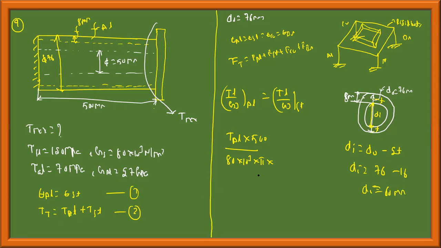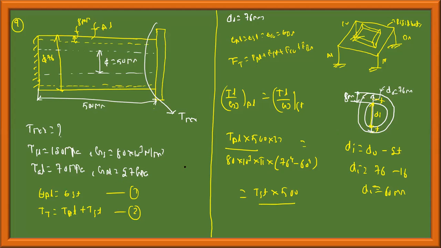80 into pi into d naught power 4, that is 76 power 4 minus di power 4, 60 power 4, by 32. I will take the 32 to the numerator, which is equal to T steel into length, 500 mm, by G of steel.